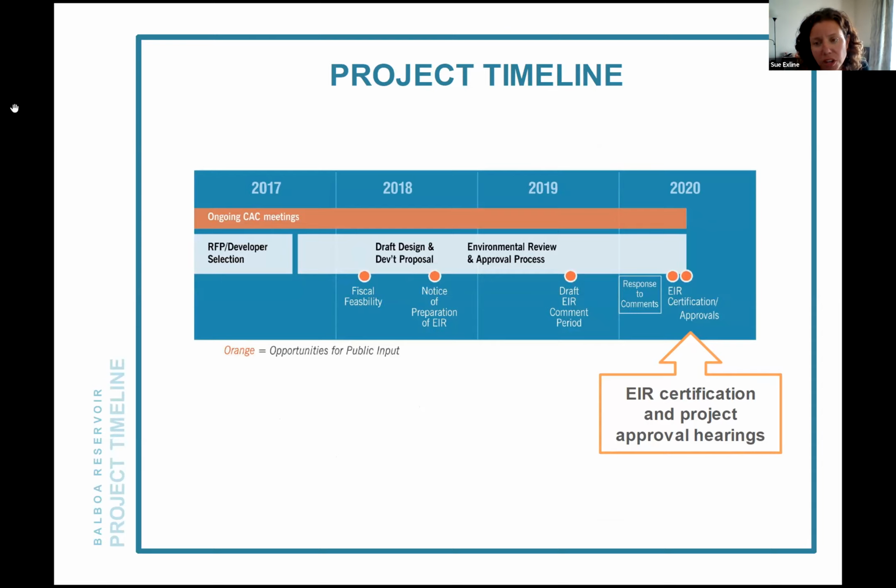If people type into the chat box, it is recorded here, but the official public comment is the verbal comment that you're hearing. So does everybody know how to raise your hand? You go to the participants tab at the bottom, you click there and raise your hand, and then you'll be called on when public comment begins.